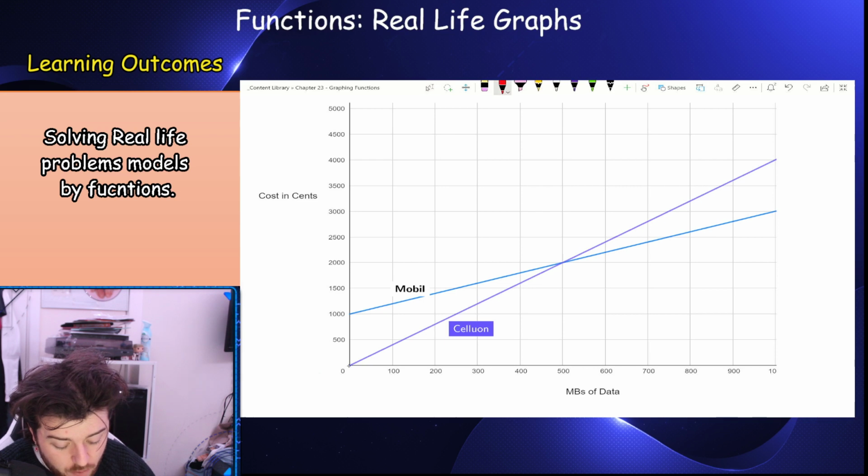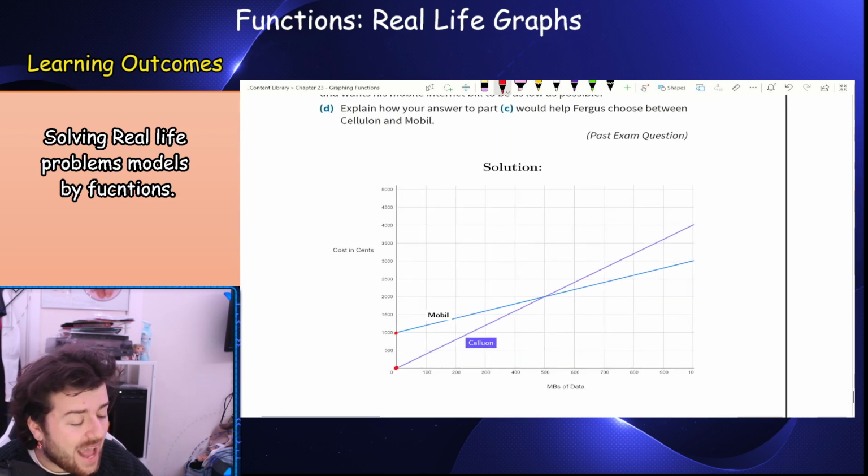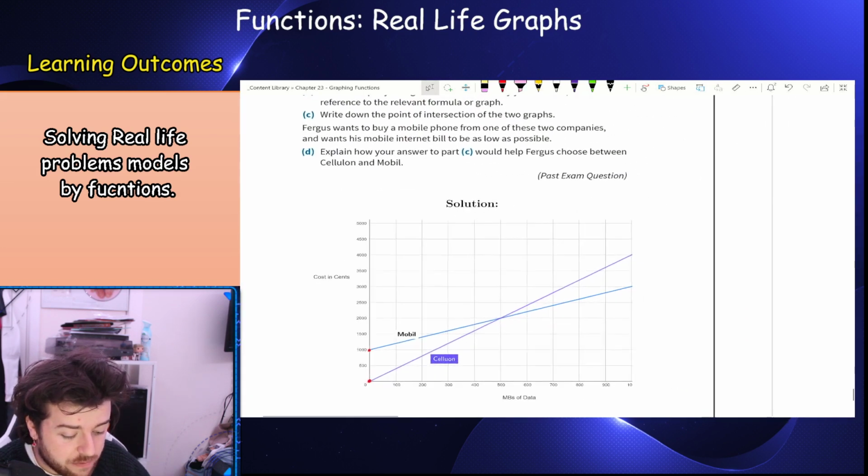So if we look at y is 0 here, when I've used 0 megabytes of data, Cellulon charges me none. When I use 0 megabytes of data, Mobile have already charged me 1,000 cents or €10. So they've already charged me €10, but I haven't even used any data yet. So that is known as a fixed fee. A fixed fee happens before a job has been done.